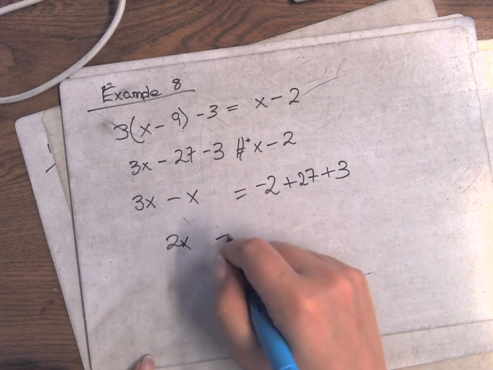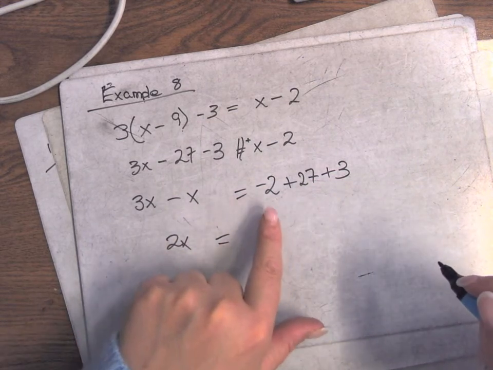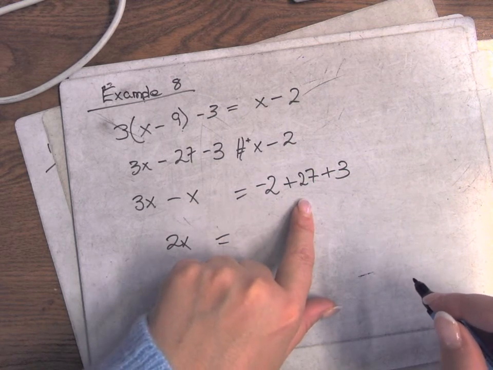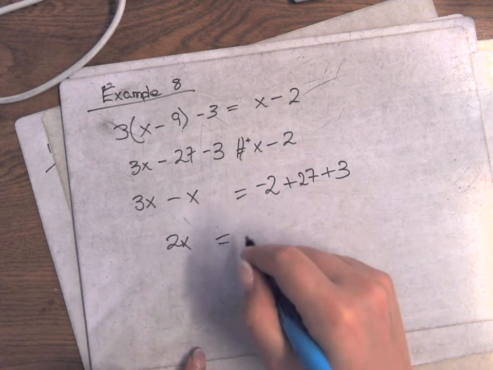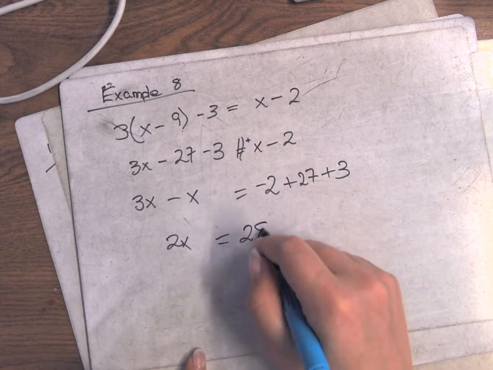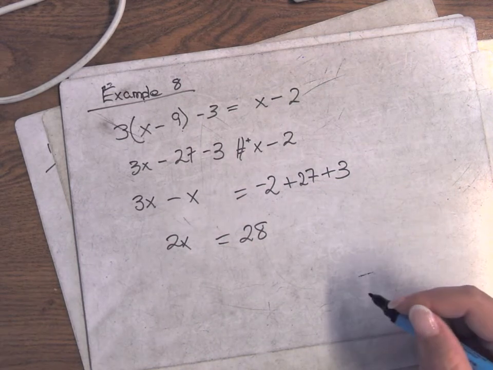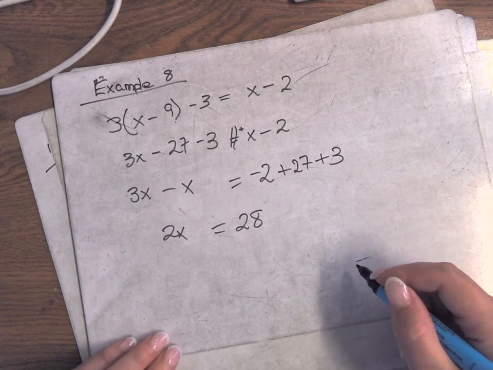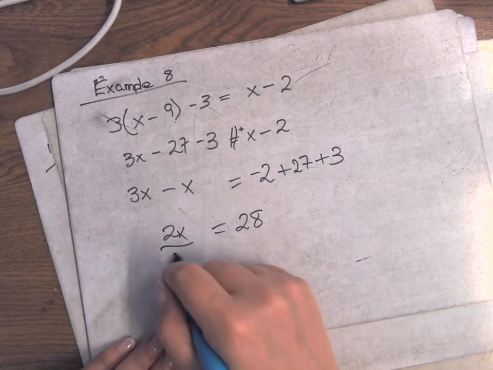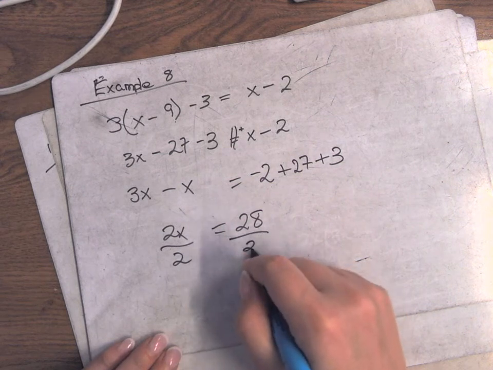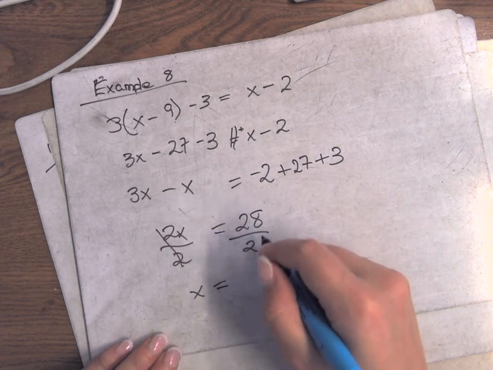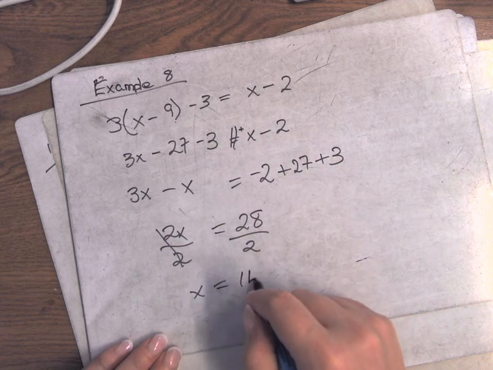Now, over here you might need the calculator for this one. So it's minus 2 plus 27 will be 25. 25 and 3 makes 28. So I'll be your calculator, but you do that in the calculator. Is that okay? What do I do now? Divide each side by 2. And the 2's cancel and you get x is equal to 28 divided by 2, which is 14.